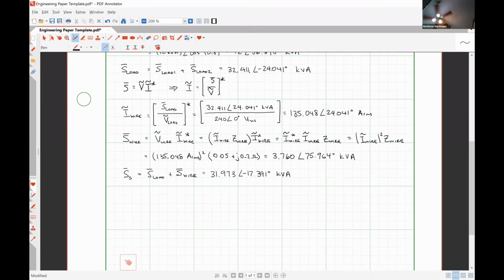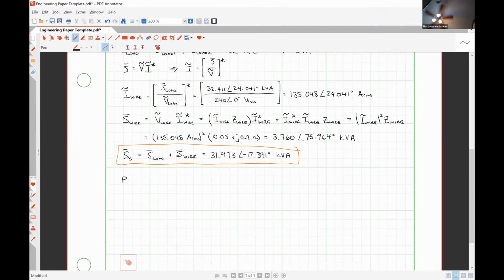So that's my complex power supplied by my source. I can now easily figure out what the power factor is.